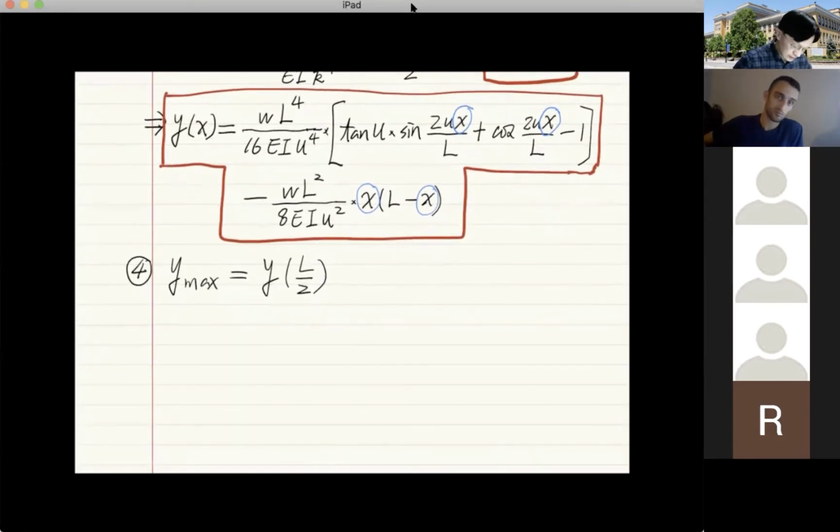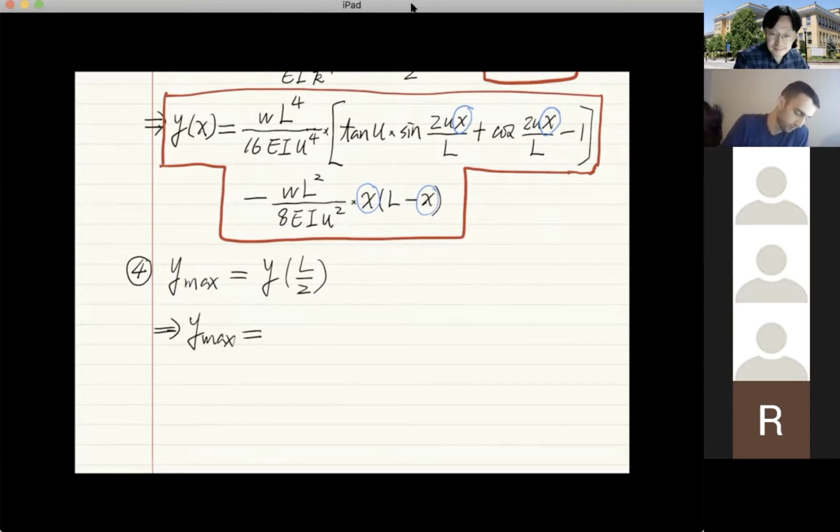And so how do we get the expression of y maximum? It's just mathematics, right? So in the end, you can write this to be 5 WL squared over 384 EI times an expression.